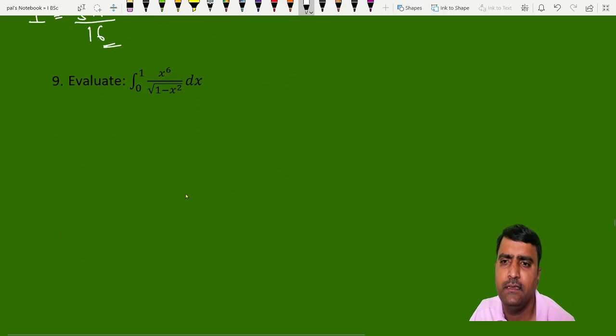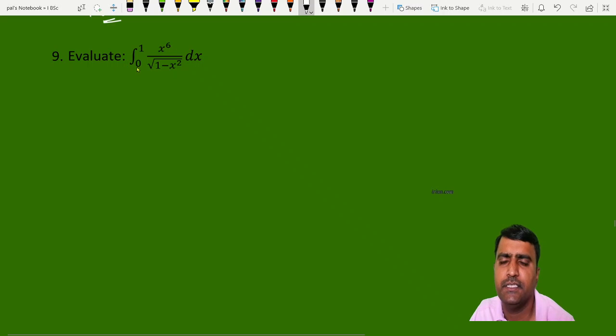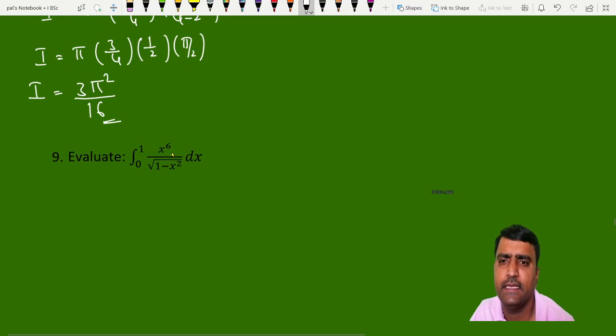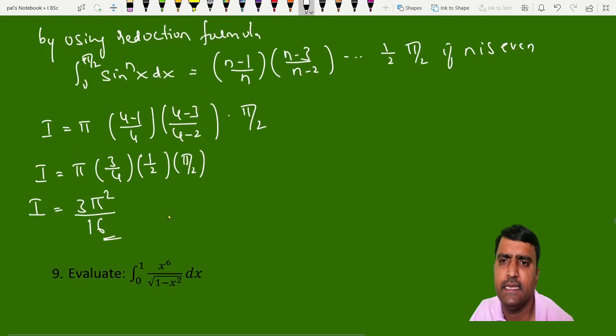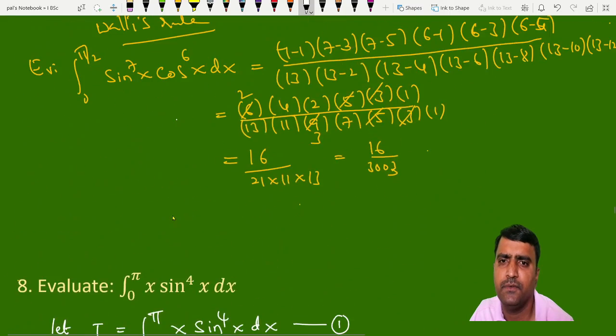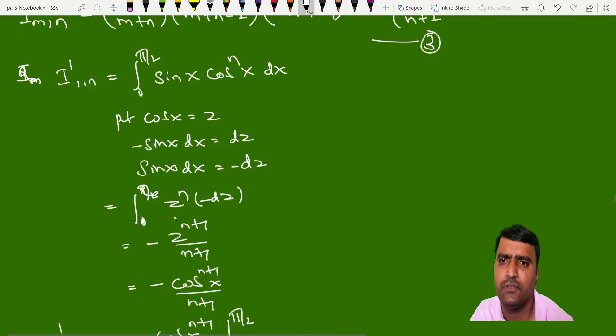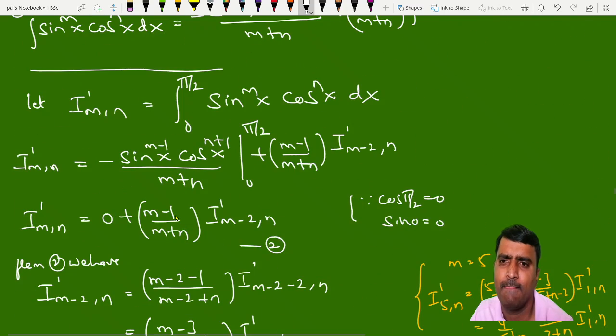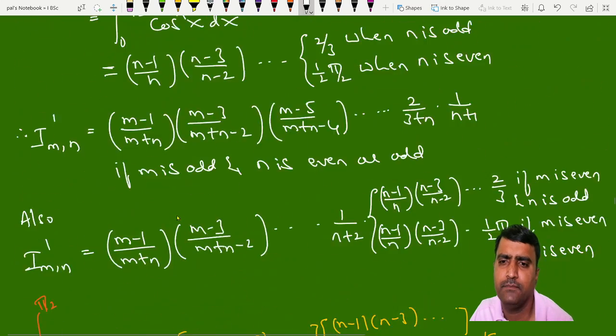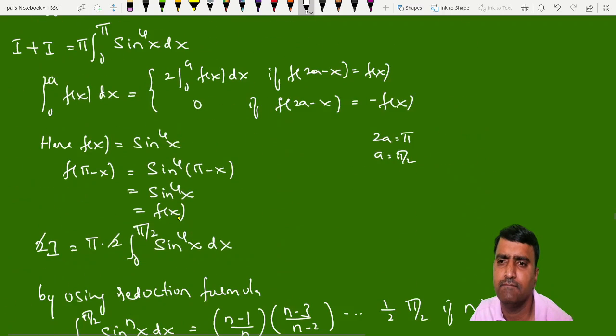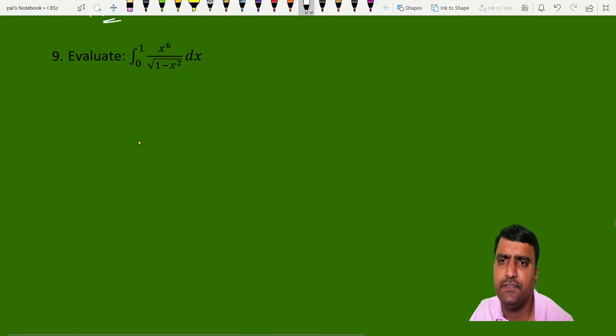Similarly, evaluate integration from 0 to 1 of x to the power 6 by root of 1 minus x square. Before this, we have some problems, but we solved all that. Integration from 0 to 1 of x to the power 6 by root of 1 minus x square.